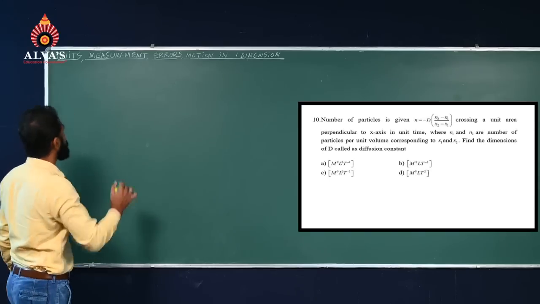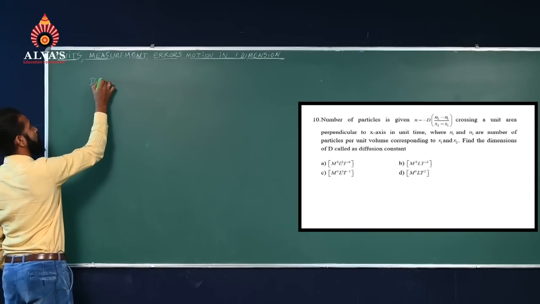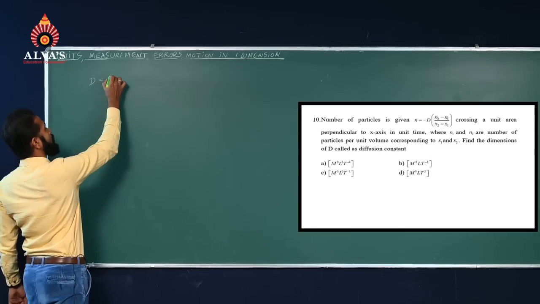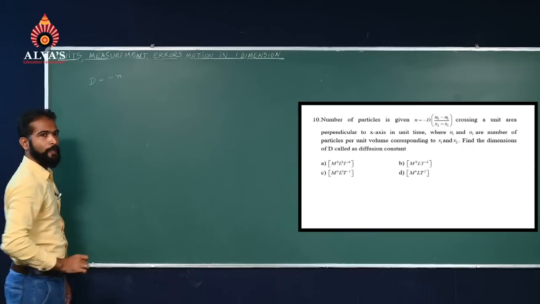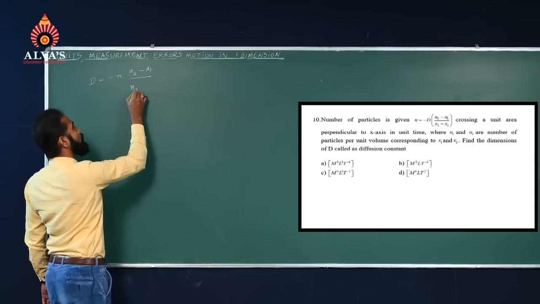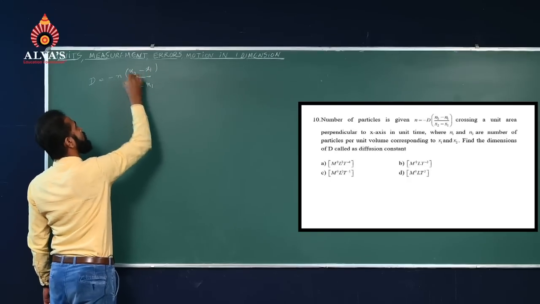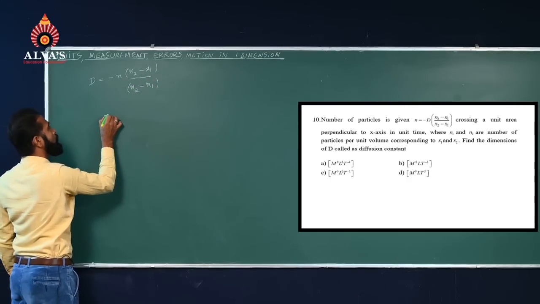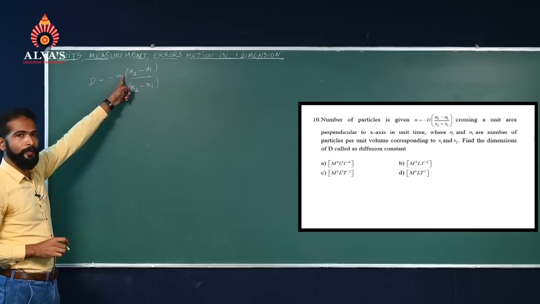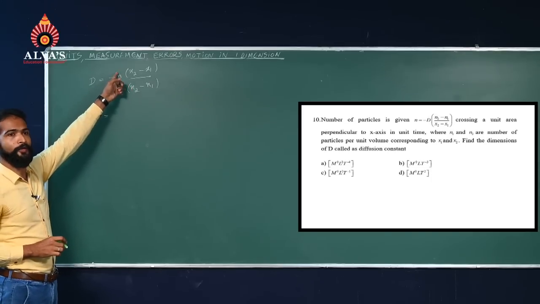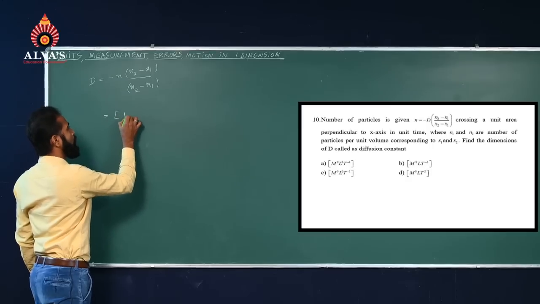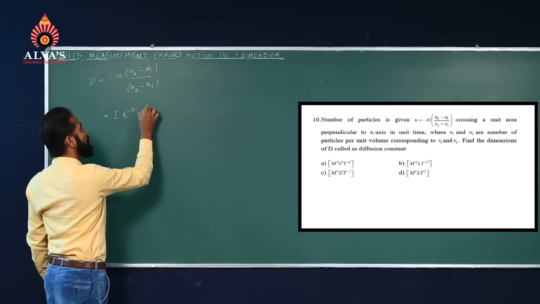So let us rearrange the equation and write it in terms of D, since we need the dimensions of the quantity D. So D can be written as minus n into x2 minus x1 divided by n2 minus n1. Now if you look at the statement of the question, n is nothing but the number of particles crossing the given area per unit time. So per area per time, its dimension will be L to the minus 2 T to the minus 1.